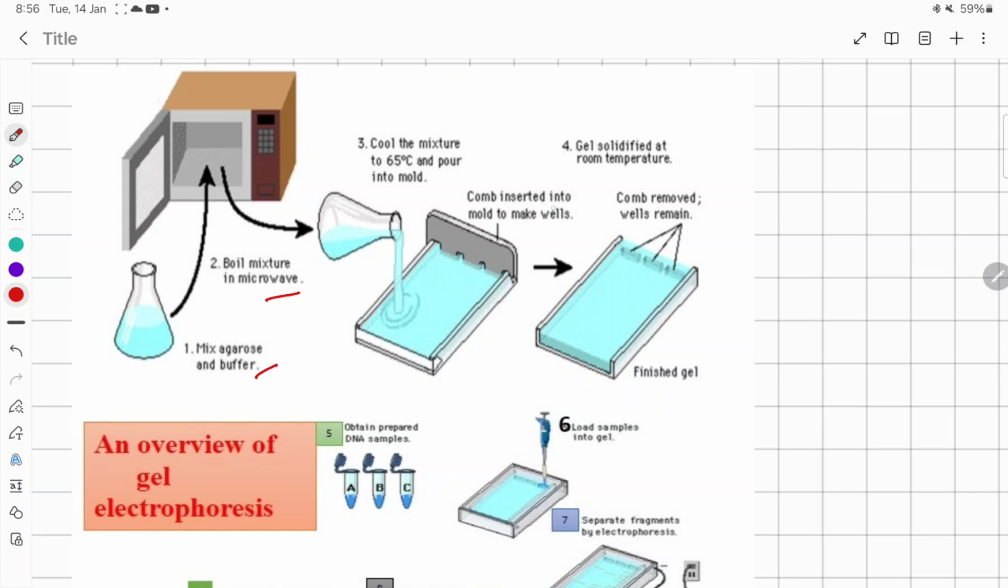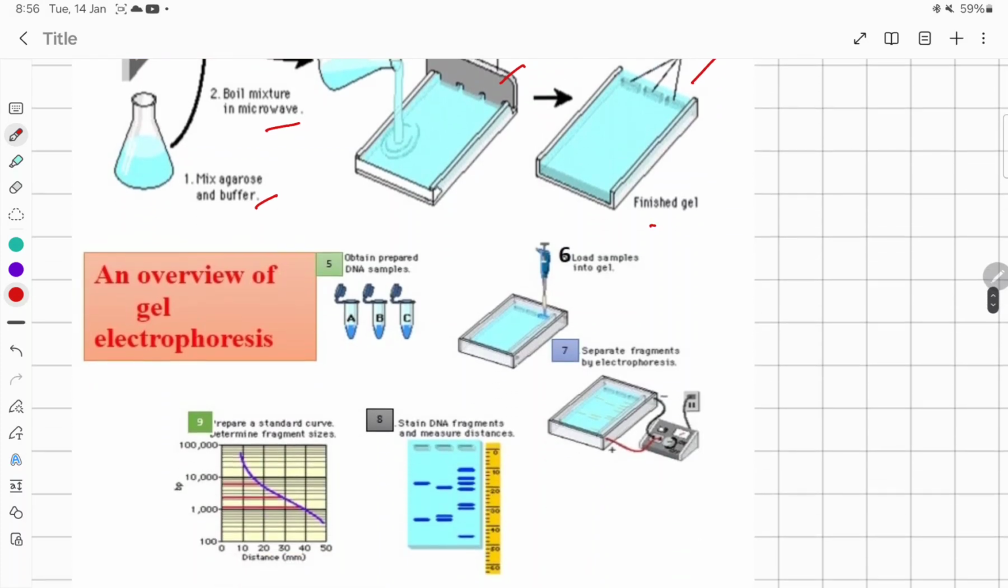We can insert the comb to prepare the wells. After it is set, we remove the comb, so the wells will be there. This is the finished gel with wells. Then we put the DNA samples, different samples in different wells, and in one well we put the marker DNA for comparison purposes.